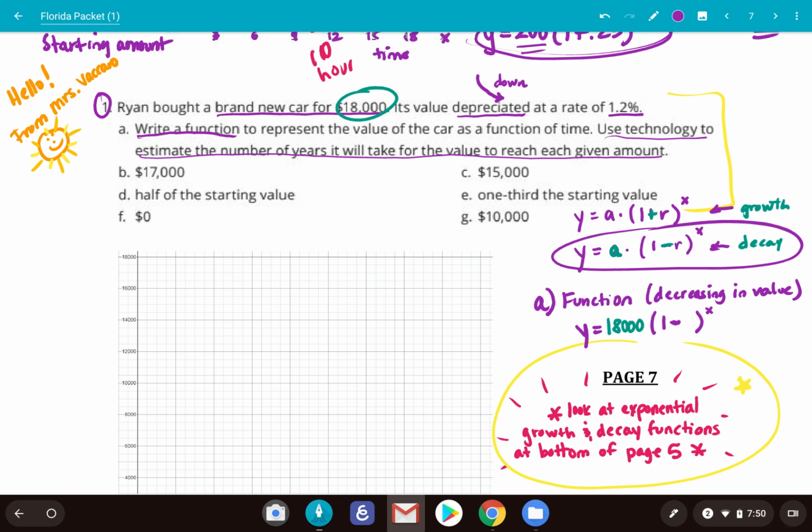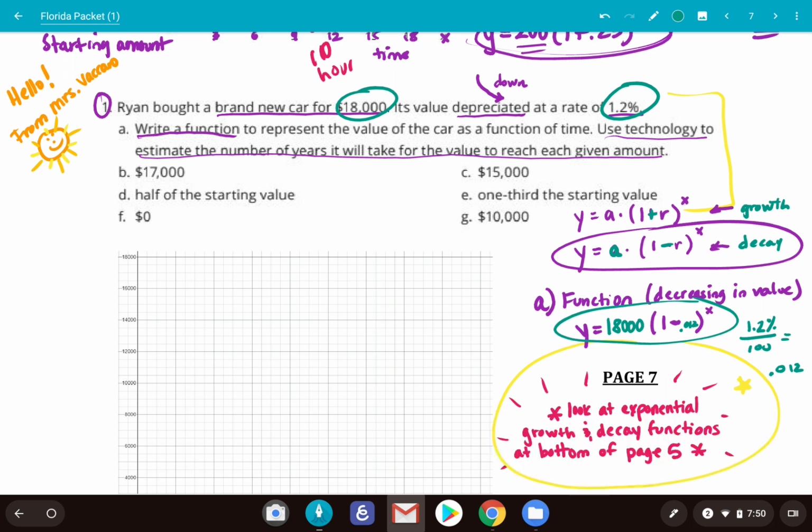And don't forget, before you plug in the rate, you need to do the rate divided by 100. So 1.2%, you need to divide that by 100. So that's going to be 0.012. And this is your function. So that's your part A.